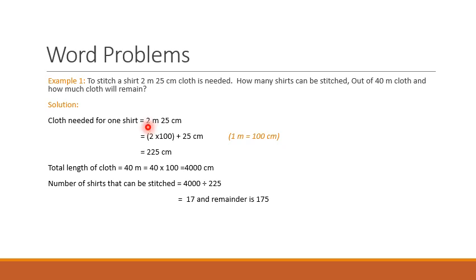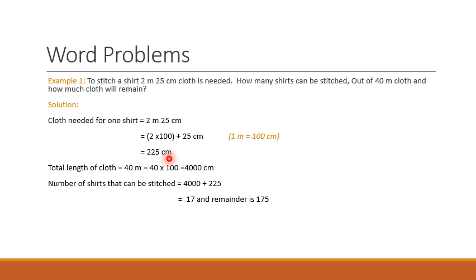So here I convert meter into centimeter. Now 1 meter is equal to 100 centimeter. So I multiply 2 by 100. This will give me 200 plus 25, that is equal to 225 centimeter. So for one shirt we need 225 centimeter of cloth.